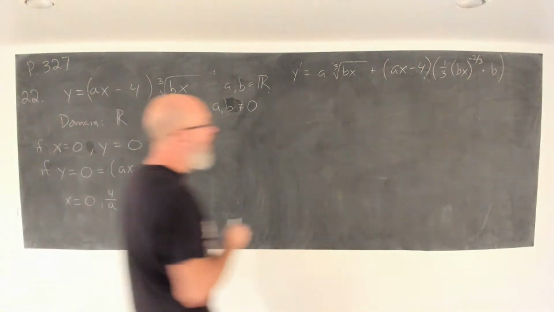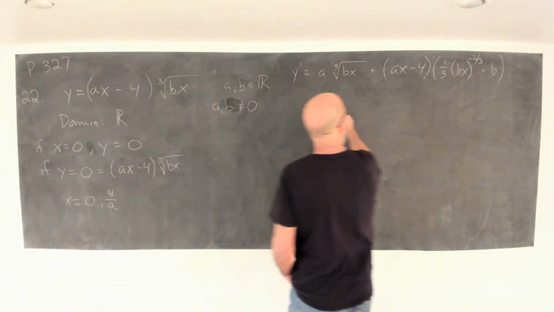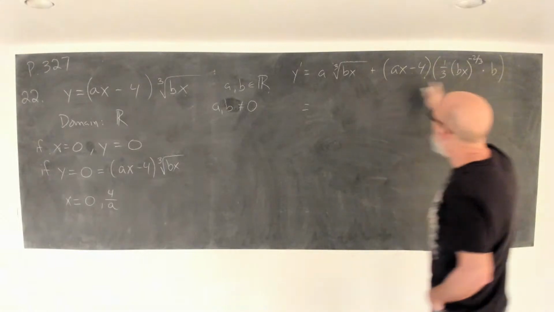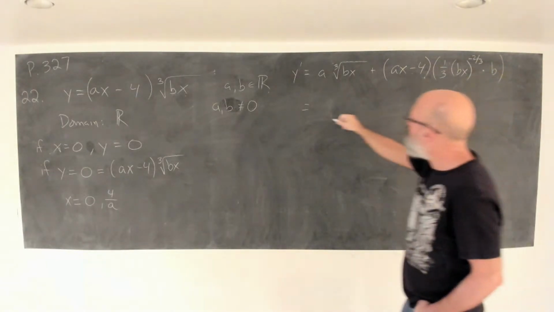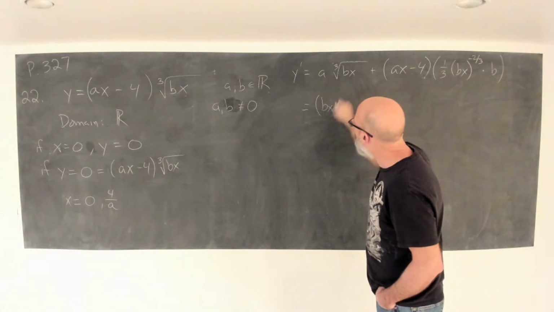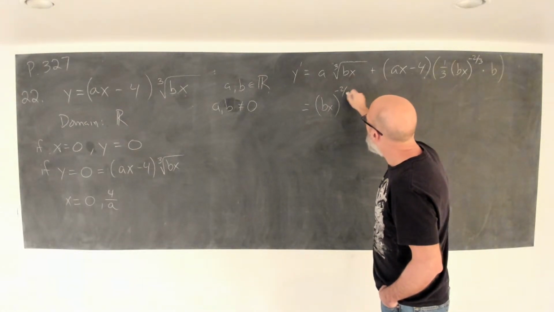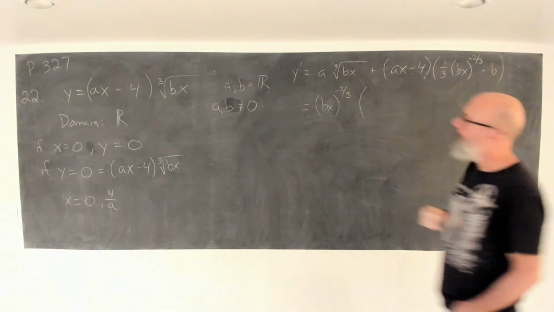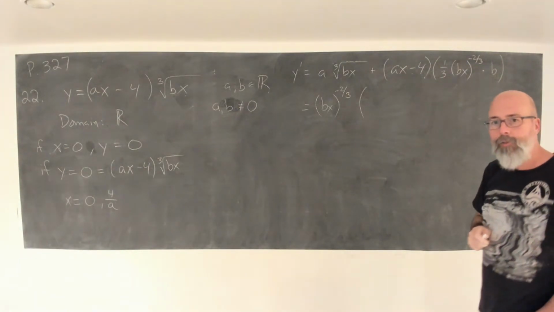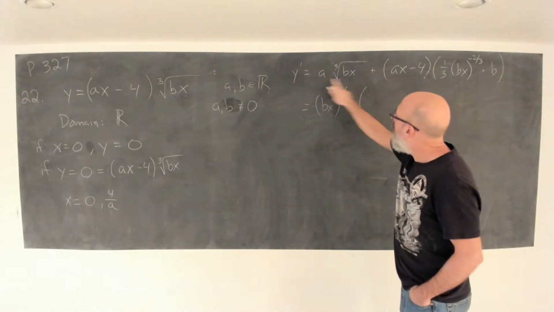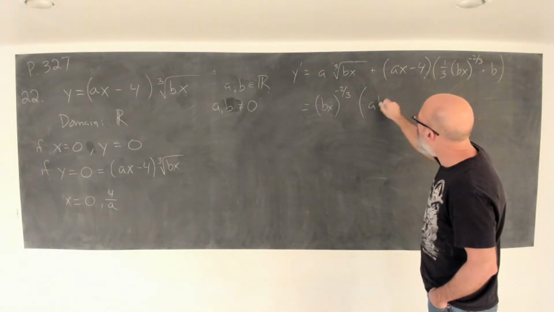Let us factor out. What do we want to factor out? We have Bx to the 1/3, Bx to the negative 2/3. Let us factor out the smallest power of Bx, namely Bx to the negative 2/3. This leaves us with an ABx.